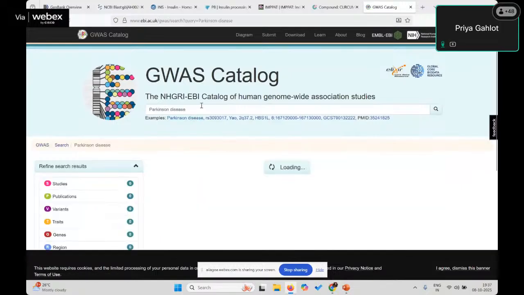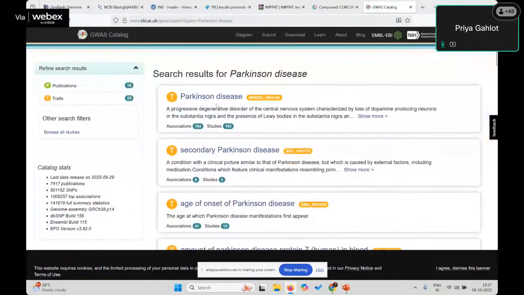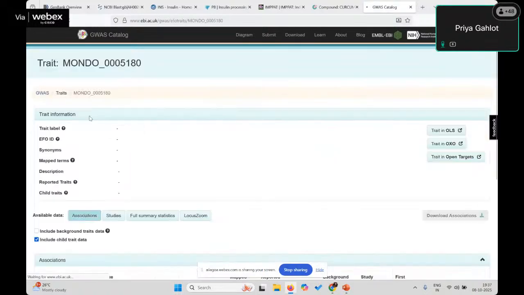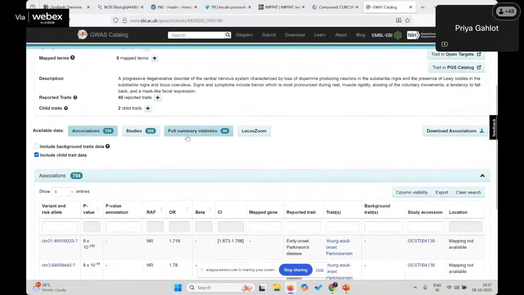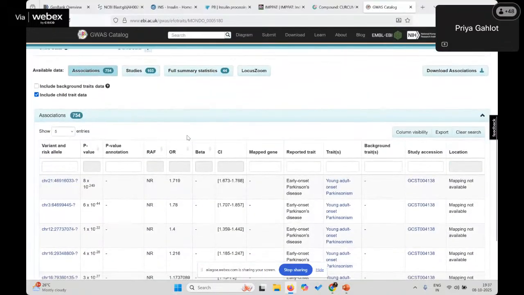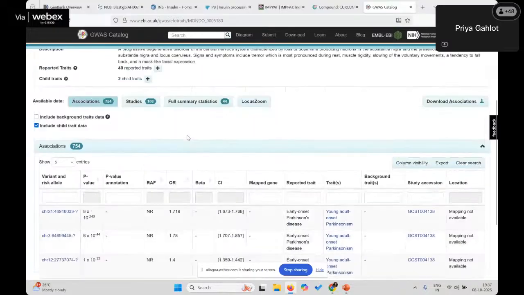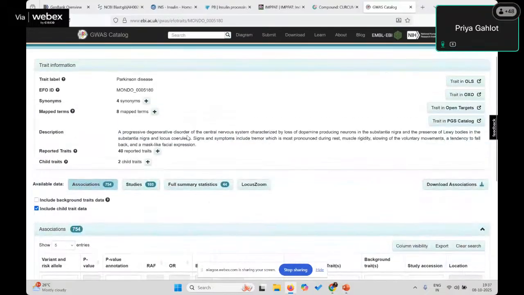It will give you all the related studies. You can export this data, download the associations, and then do further studies.